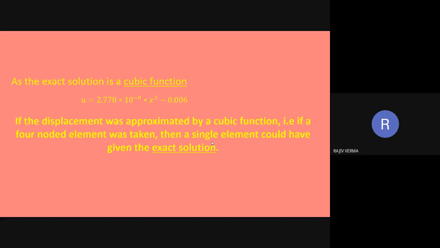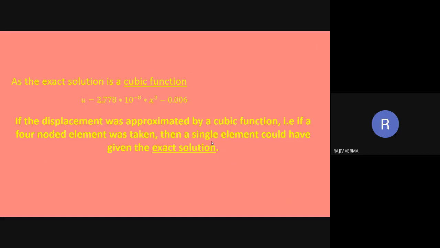This means that if the displacement field in the element was approximated by a cubic function, that is, if we had taken a 4-noded element, then a single element could have given the exact solution.